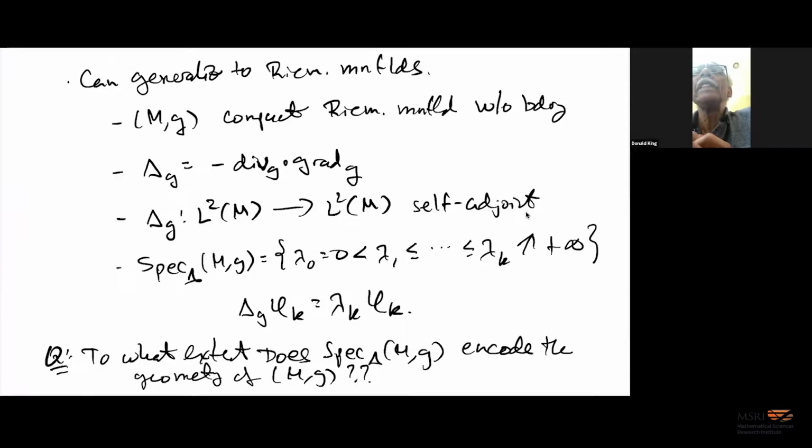Now that may not be so easy to write down explicitly, but certainly these are general facts. And we can again ask the question, what does our spectrum of eigenvalues tell us about the geometry of a more general Riemannian manifold?